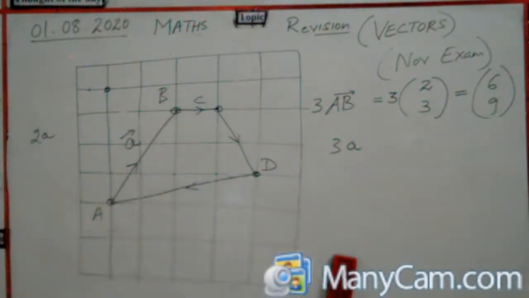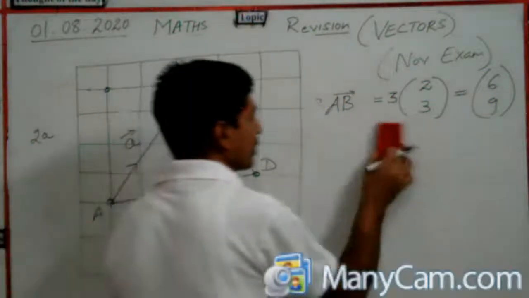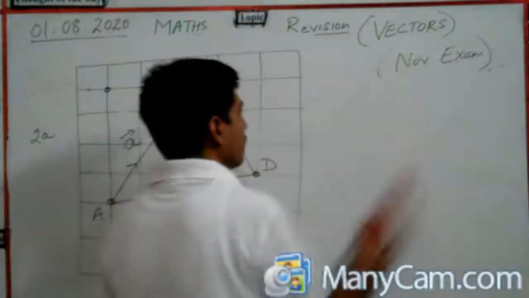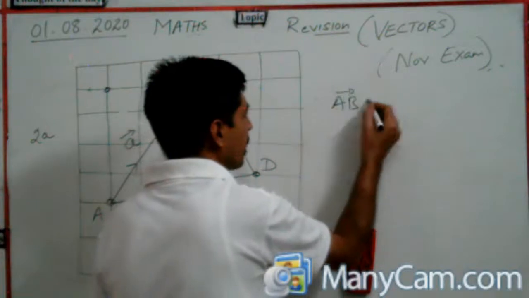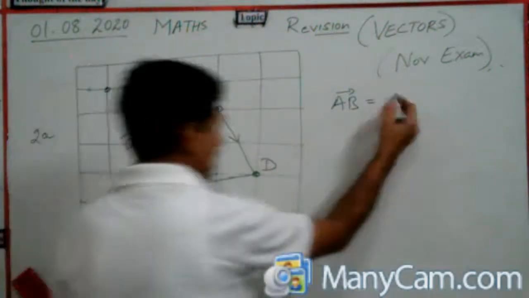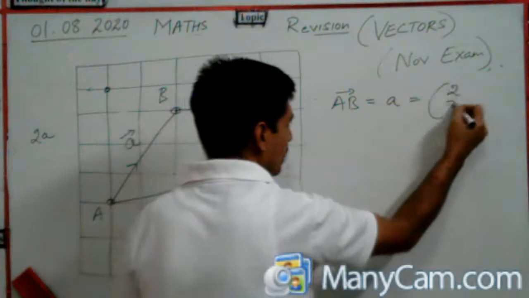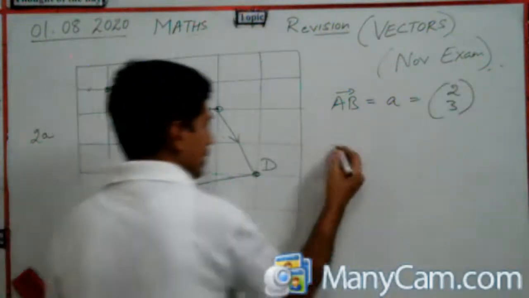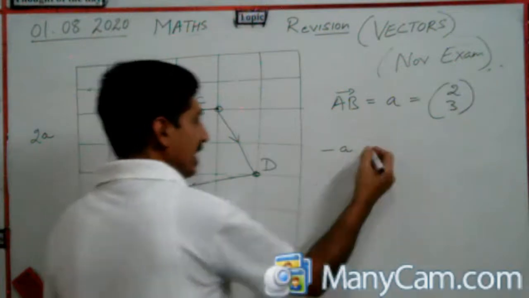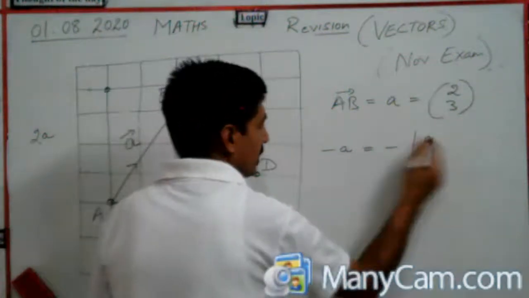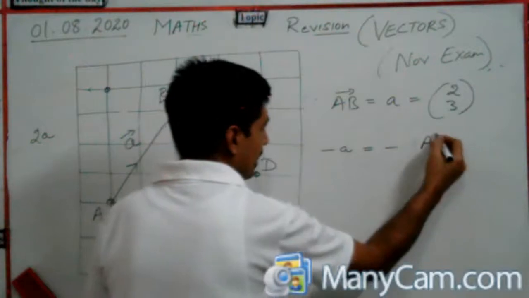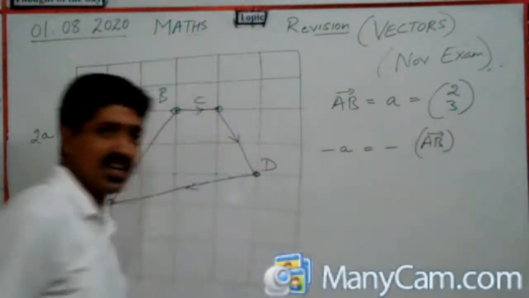So let's take some examples of vectors. Then comes the negative vector. If we have a vector AB, that I am here denoting as a, suppose it is 2 and 3. What is negative a? Negative a means when we take this vector AB, the direction is changed.